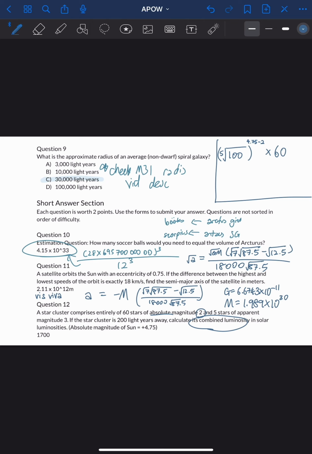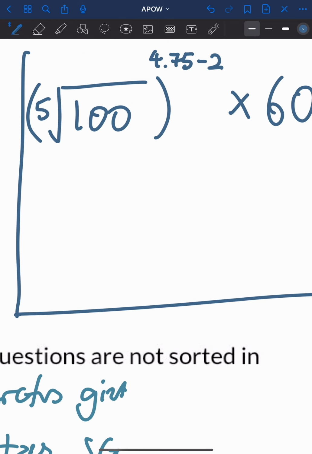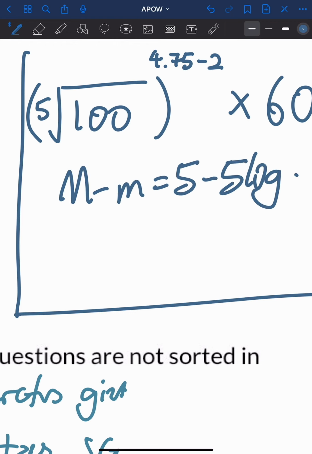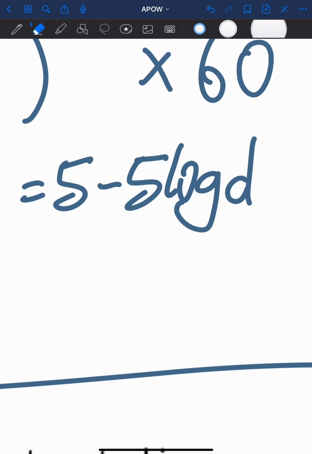And then the 5 stars of apparent magnitude 3 is the annoying one, because I have to solve it using the distance modulus, which is disgusting. What can I say? So we just substitute. They give you an apparent magnitude, which is 3. Oh, another disgusting thing is that these are in parsecs, but they give you light years.